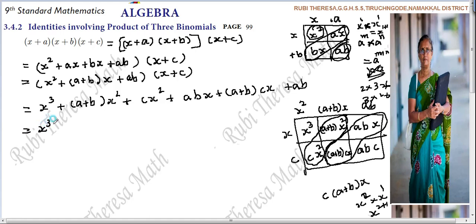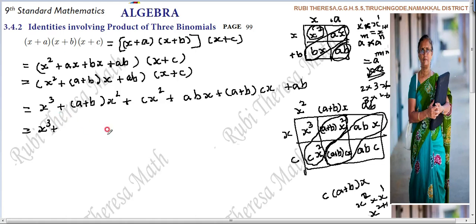X cube plus, this is what? A into X squared is what? AX squared. Otherwise, here also X squared is common. Either you can multiply, then you can take it as a common factor. Otherwise, directly also you can take it.